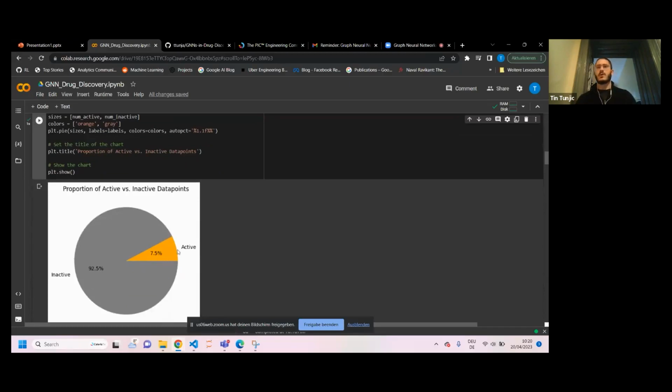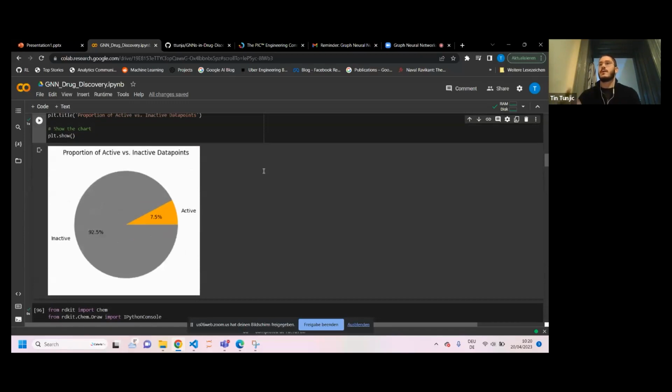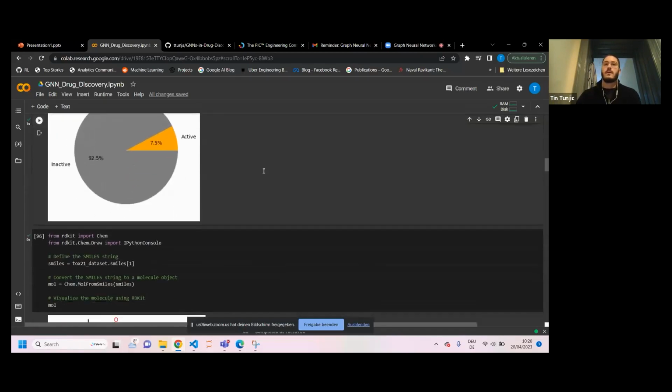So active is a good molecule, inactive is a toxic molecule. And what you see here is that in 92.5% of cases, you'll have the toxic molecules. So meaning in most cases, those molecules will be toxic. So that's a problem that you wouldn't like to have, because even if it degrades a protein, once it's toxic, it will affect the person that's taking it.